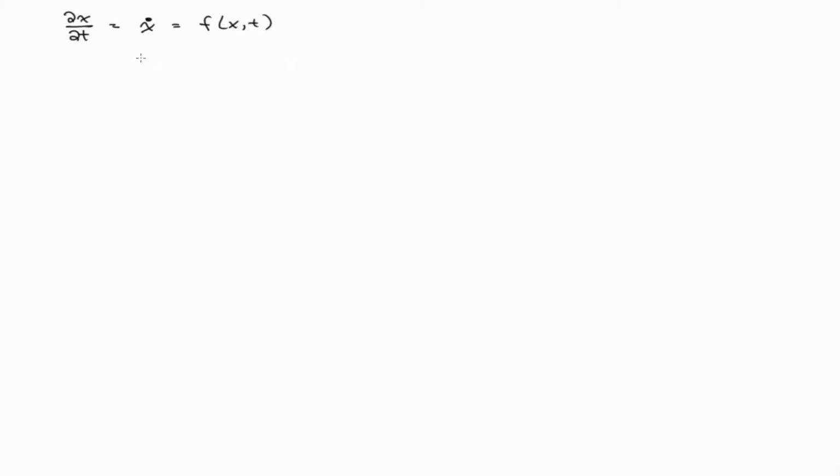We're going to discretize time into increments at t0 plus delta t, t0 plus 2 delta t, etc. And so then when we do that, we'll have that x dot at a step in time is equal to f of xn, tn.